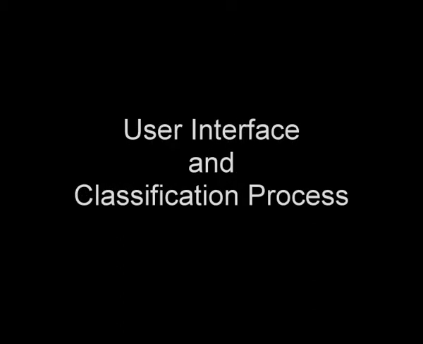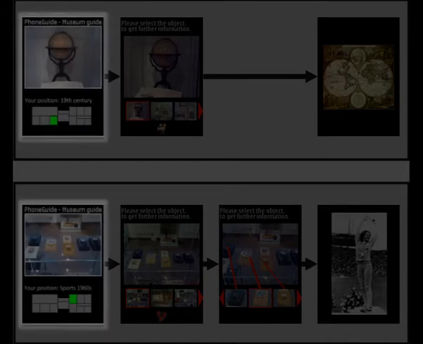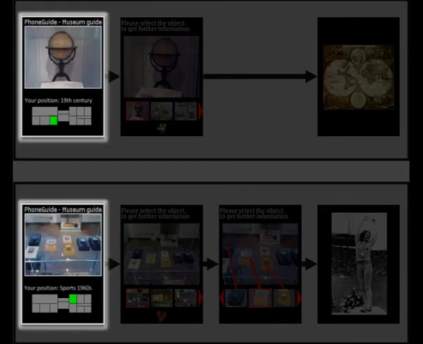Phone Guide utilizes the visitor's personal mobile devices for information retrieval and allows identifying individual exhibits by simply taking a single photo of them. The classification process can be separated into two steps. In the first step, a user takes a photograph of a scene that contains an arbitrary number of objects.